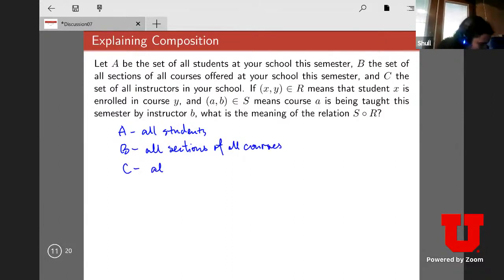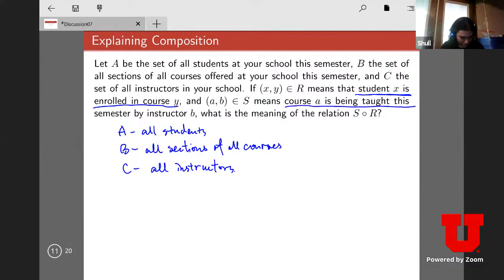C, all instructors. If X, Y in R means that student X is enrolled in course Y, and A, B in S means course A is taught this semester by instructor B, what is the meaning of the relation S of R?